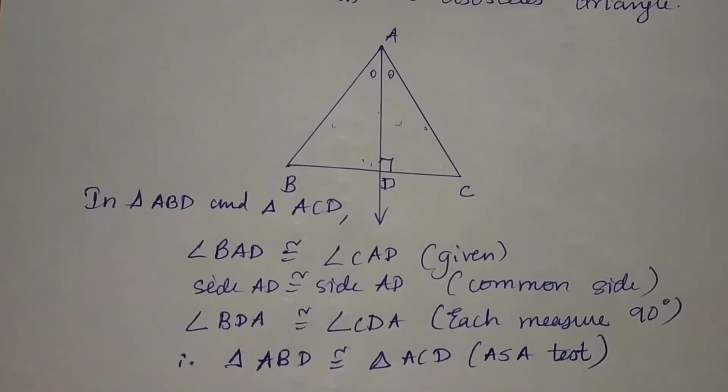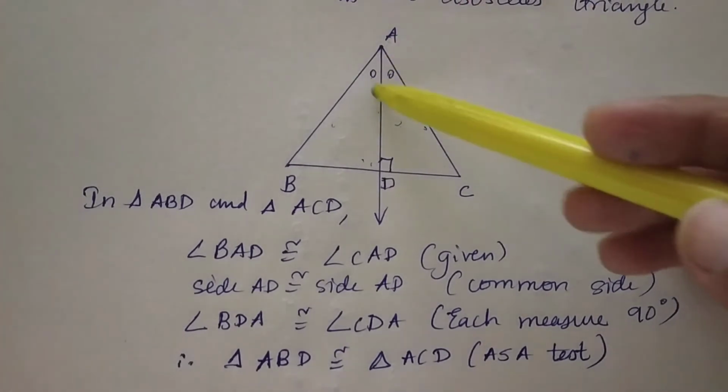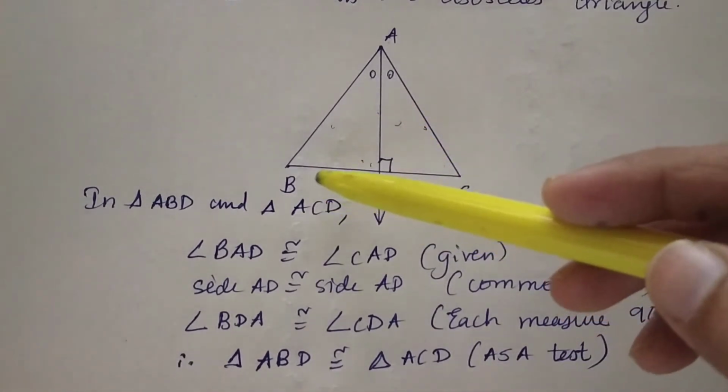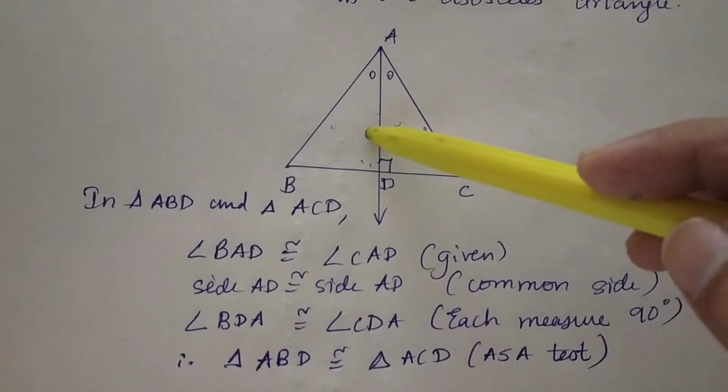Once I prove that these two triangles are congruent by ASA test, I have to write down the remaining. We have already studied in the previous exercises that when two triangles are congruent, the remaining sides and remaining angles become equal, right? So whatever are the remaining sides, for example, this side AD we have already shown is common.